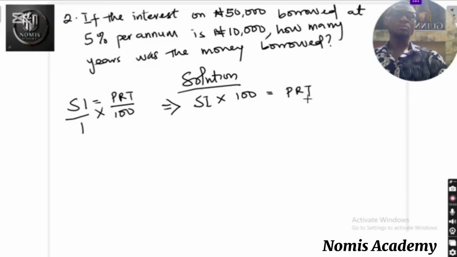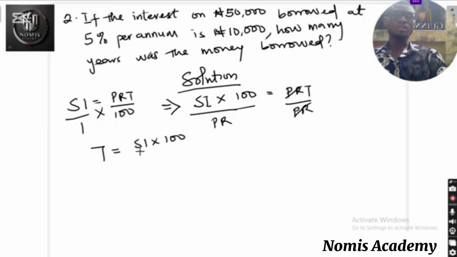And because I want to make T the subject of the formula, I divide both sides by PR. So PR cancels PR, I'm left with a T. So now T is the subject of the formula: SI multiplied by 100 all over PR.